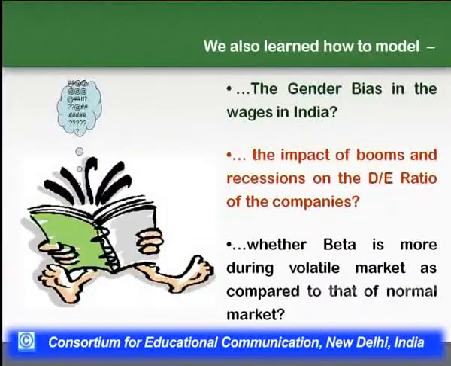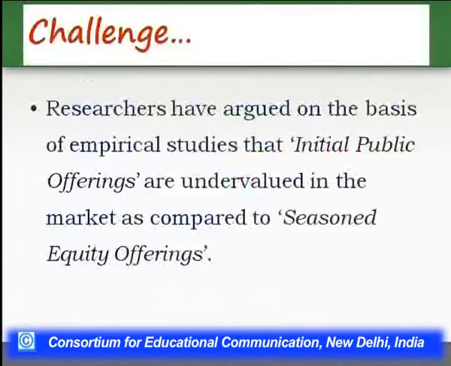So let us have a look at this. We have also learned about the gender bias in wages in India. That is, if you talk about male and female wages, the male gets more wages and the female gets less. We also looked at the impact of booms and recessions on the dividend earning ratio of companies, where beta is higher during a volatile market compared to a normal market.